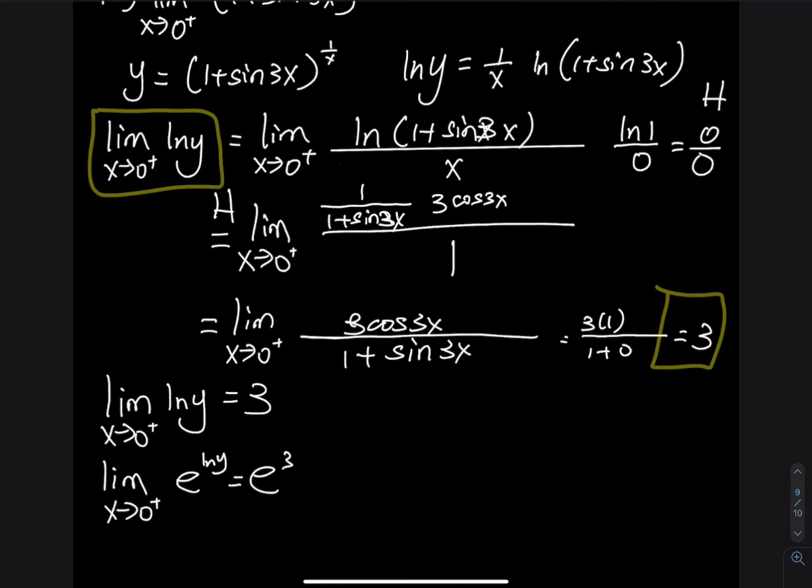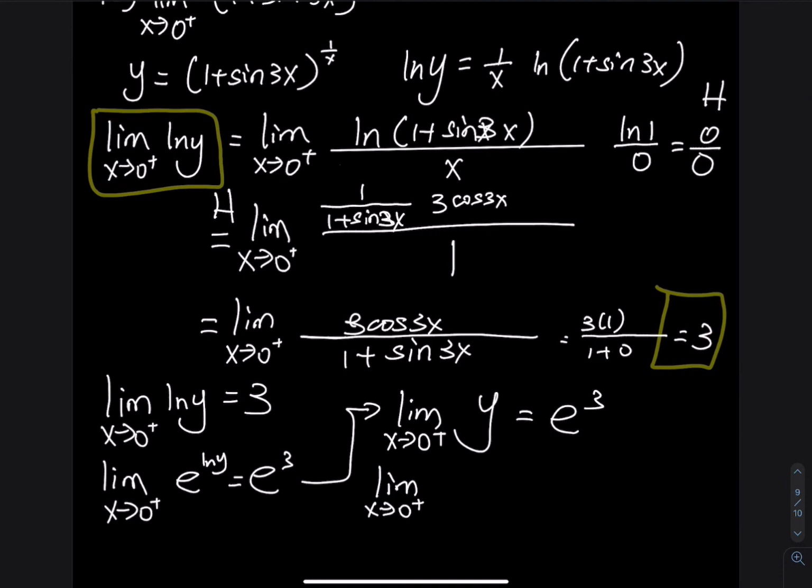So e to the ln y is just y. And then this is e to the third. Since the y is our given function, we write one more line to make everything super clear. Then this is 1 plus sine of 3x raised to 1 over x equals e to the third. Then e to the third is our answer of the limit. So overall, the limit is equal to e to the third.